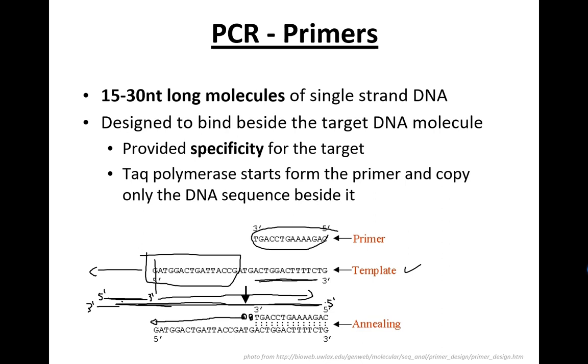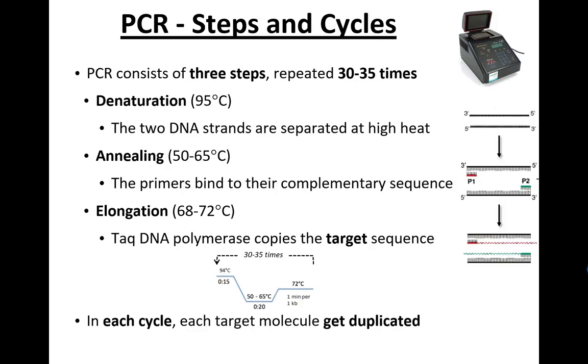So all this sequence here will be copied thanks to the positioning of the DNA polymerase right beside it, mediated by these primers. So the DNA primers are the equivalent of the RNA primers, but they target exactly the DNA polymerase. They tell the DNA polymerase exactly where to go to start copying, right? And that's what is key to the specific copying of the sequence that you want.